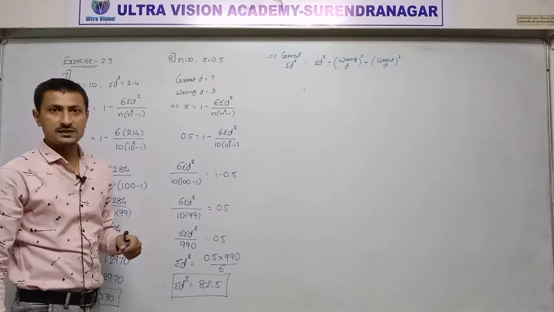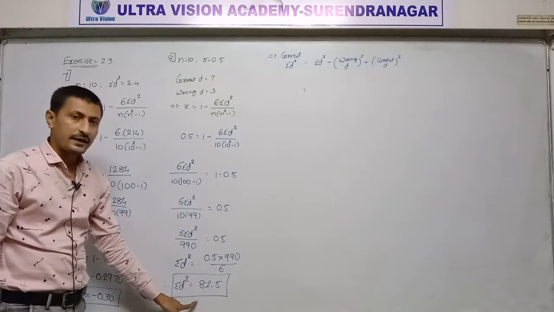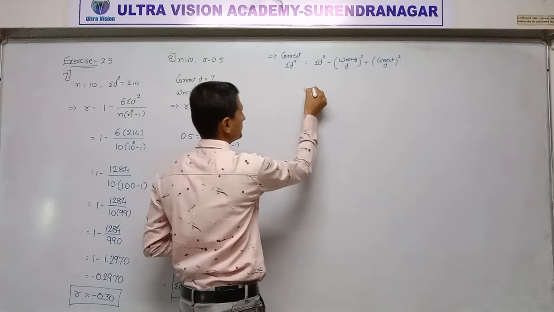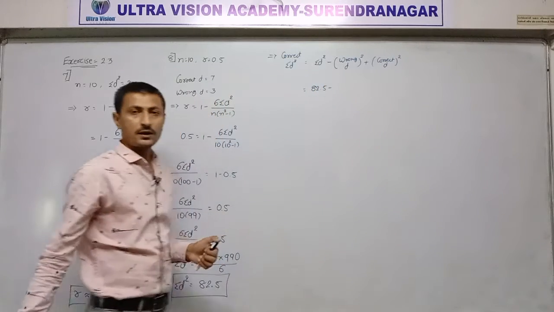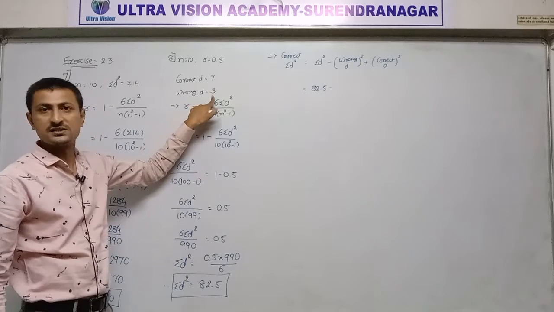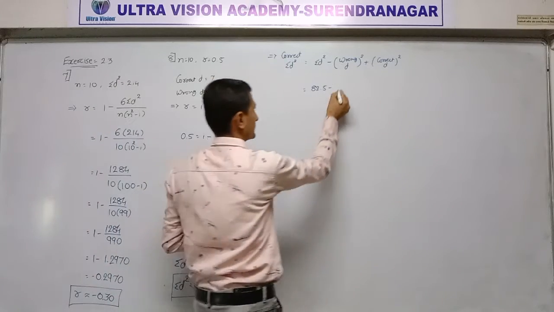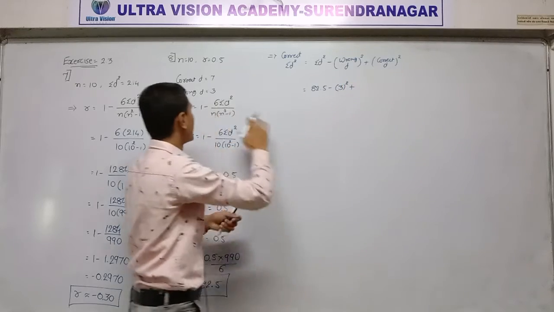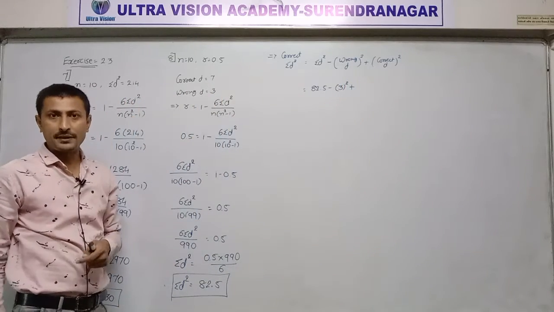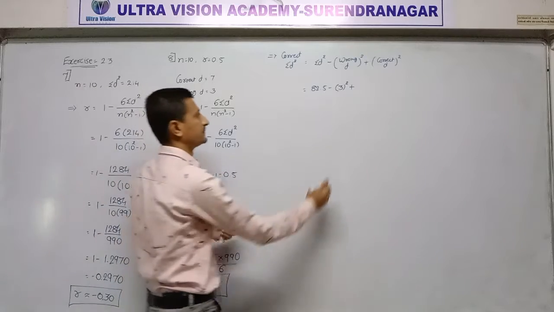So sigma d square is 82.5, minus wrong d whole square, the wrong d value is 3 square, plus correct d value is 7 square.